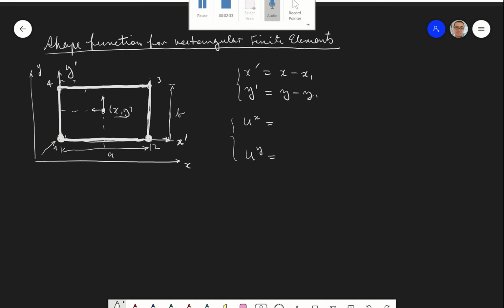How do we work out the displacement at an arbitrary point based on its coordinates? We can do that as we did before. Say this is a linear function of x prime and y prime, so alpha 1 plus alpha 2 x prime plus alpha 3 y prime. That's what we did before.